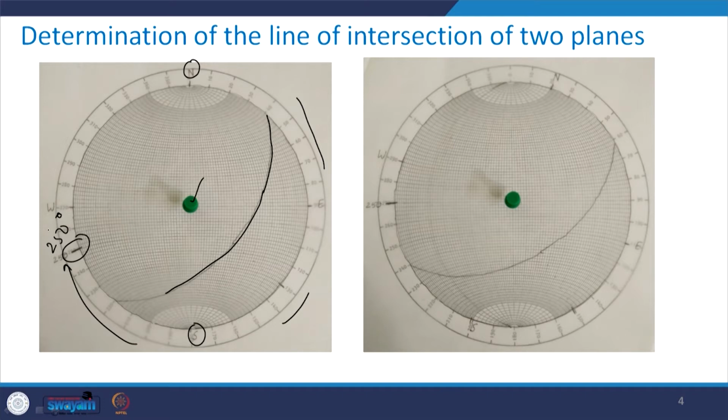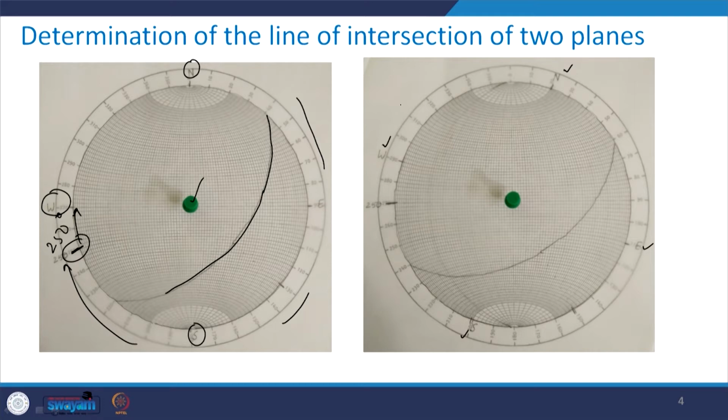Now the next task is to rotate this 250 degree mark so that it coincides with this west direction, or 270 degree. So, this has been rotated. You can see that the north has been rotated by 20 degree, and likewise east, south and west.